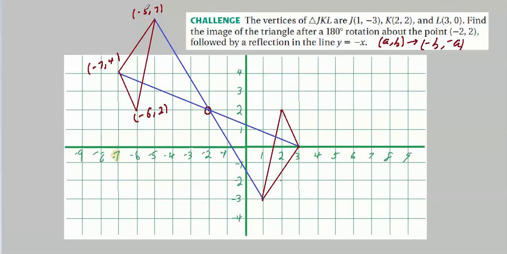And they would be, well, this could make more sense if I go ahead and label these as J, L, and K, and then their images J prime, L prime, and K prime. Now we're going to find J double prime. That'll be the image of this, which is just going to be, with the rule we have here, -7, 5.